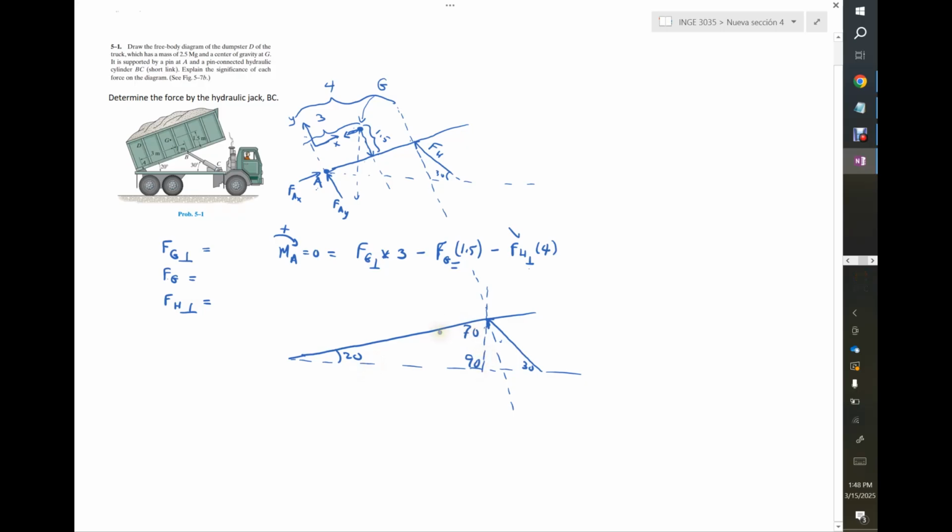Now here's the story between this guy and this guy: they are perpendicular, and that's nice, because then you know that this is 20, so you got a 20 here. Now the question is, what is this? And that's the big deal, because when you break that angle, you can break this into this perpendicular line. So what is that?